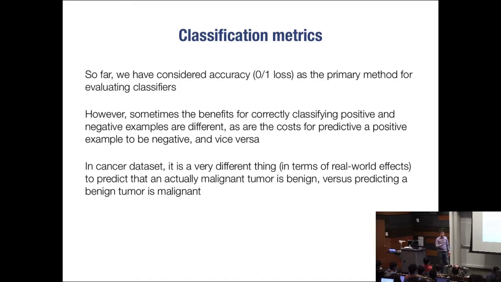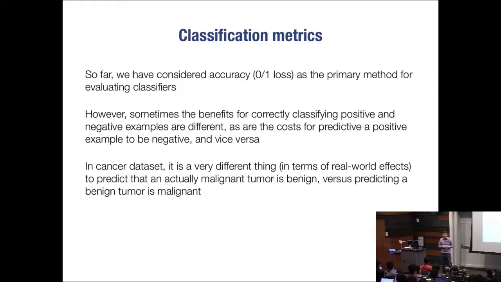So I want to mention a few of these methods here, because these are also extremely common in practice. The reason is that oftentimes there are very different costs associated with different types of classifications. If I call a benign tumor malignant versus calling a malignant tumor benign, those are both just errors according to 0-1 loss, right?